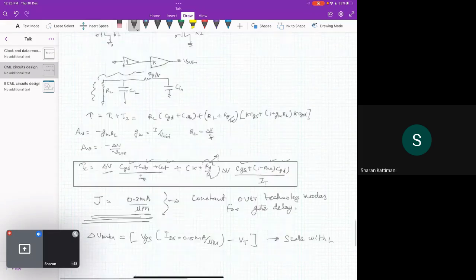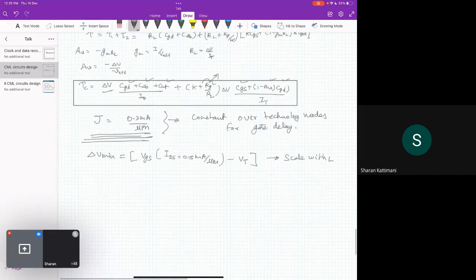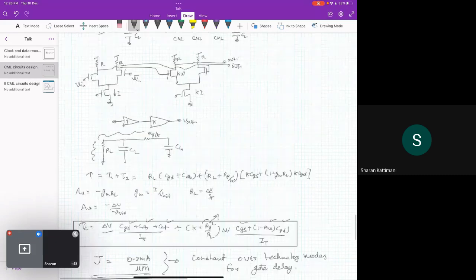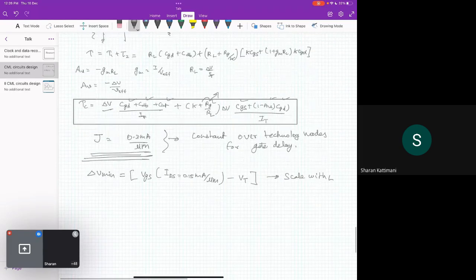Now you can see that there is a certain limit that we have achieved. So there is less scope to improve the speed further. Because if you take this 0.3 milliampere per micrometer, the delay will remain constant. The gain in speed is relatively not as high as you expect in lower node technology.